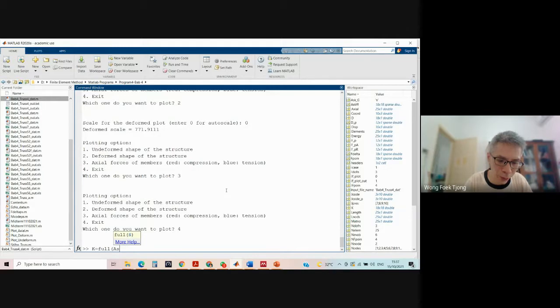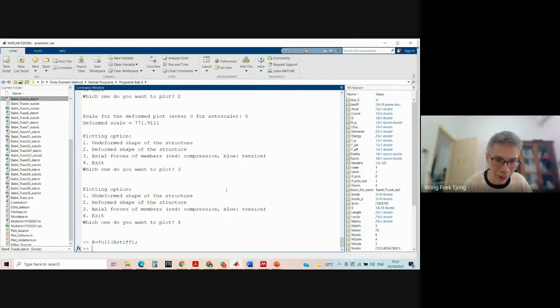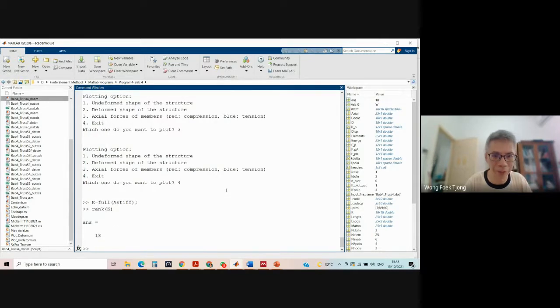I have to make it full because MATLAB stores the stiffness matrix data in another format to save memory. Okay, full. Now the rank will be 18. Rank will be 18, as expected.